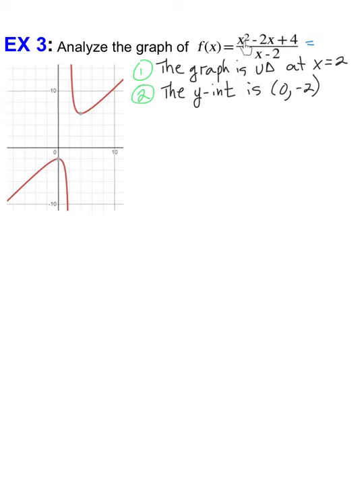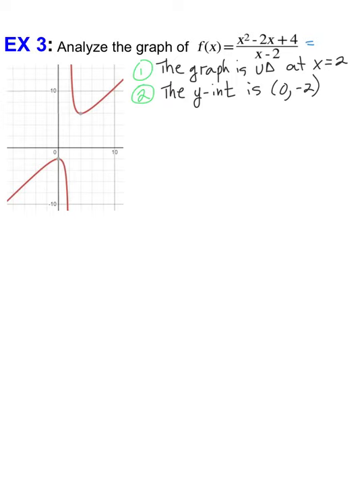So all I had to do was substitute 0 into the original function. That makes this go away, this go away. So the value of the numerator is 4. That goes away. The value of the denominator is negative 2. So 4 divided by negative 2 is negative 2. So that's how I got the y-intercept. And you can see right here, there's the y-intercept at 0, negative 2. So that's an important thing that you need to plot.